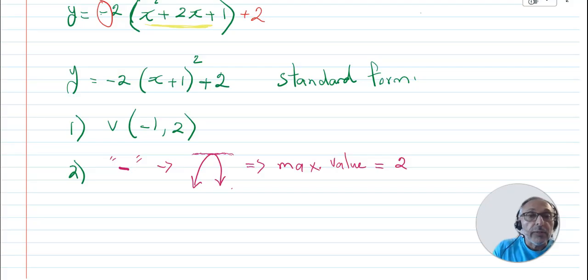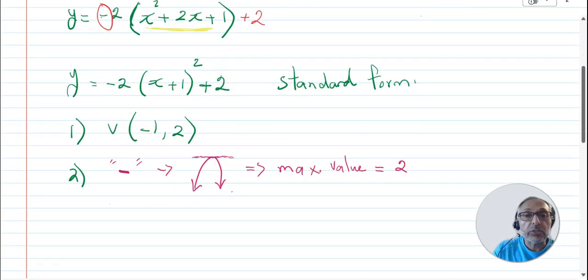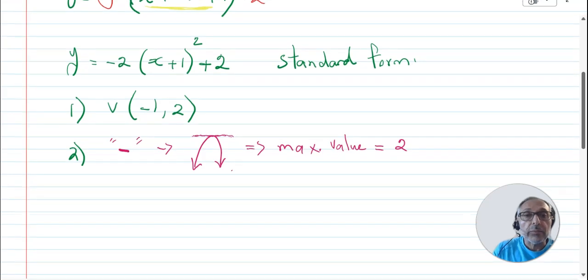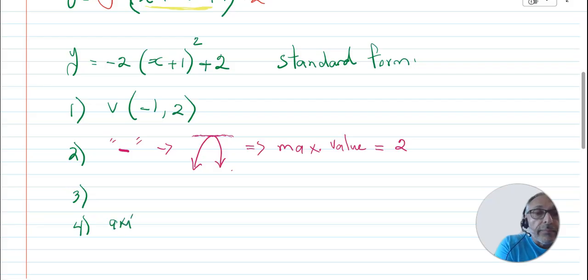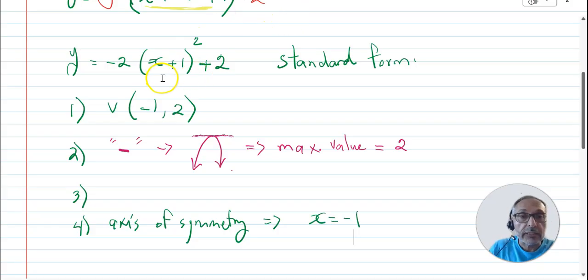All right, now next one, we're going to go back: X-intercept, Y-intercept, and axis of symmetry. Now, we should know the axis of symmetry right away. So let's do axis of symmetry. The axis of symmetry is actually an equation, and that basically goes through the x coordinate of the vertex, and we know that.